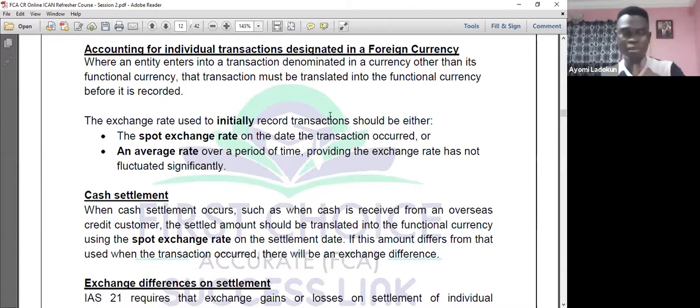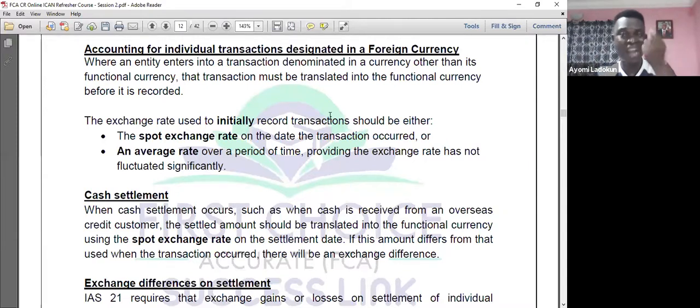Now, listen up. Cash settlement. Don't forget, what we have dealt with is at the date of the transaction. For example, I bought goods on May 5, 2020. I must translate to functional currency at that date. Then I paid at a later date, let's say April 1st, 2020.